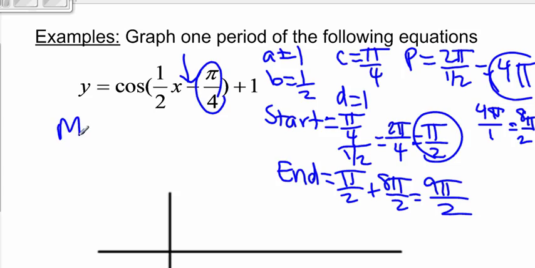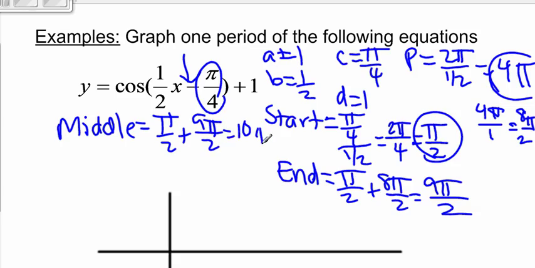I'm going to do my middle over here. To get our middle, we add together our start and our end, and then we divide by 2. So pi over 2 plus 9 pi over 2 gives us 10 pi over 2, which is 5 pi. So 5 pi divided by 2 is going to be our middle.